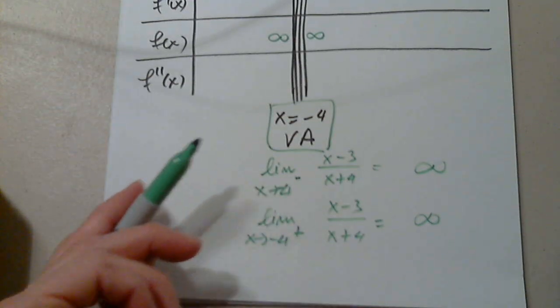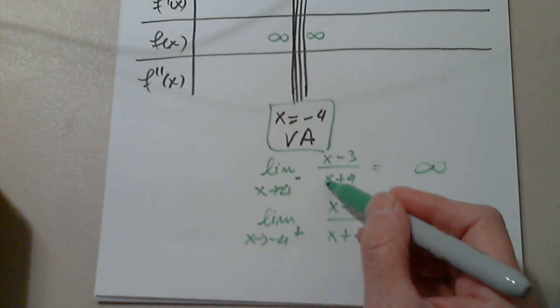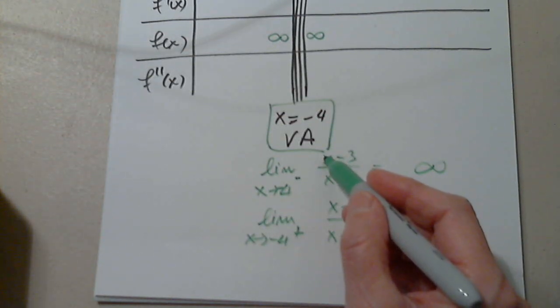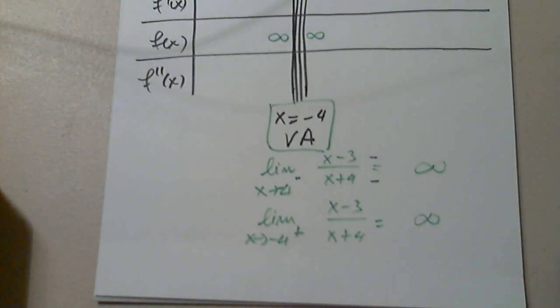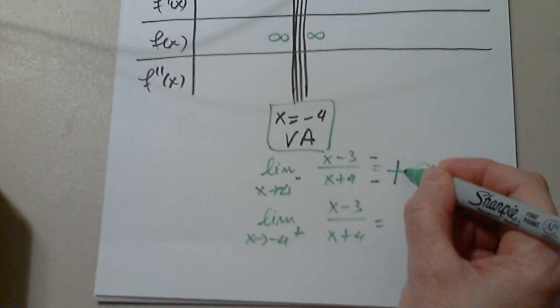So -4 from the left is with -4.1. -4.1 plus 4, this is negative. But also here, -4.1 minus 3 is also negative. So then what is the sign? Positive. That's it.